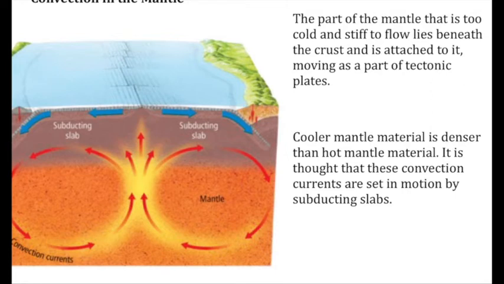It cools, and as it cools, it's lighter than the rest of the material. So on the ocean floor, the lighter material rises up, so this ridge rises up, and then the denser material sinks, so the edges of the ocean floor sink. As it sinks, it actually subducts underneath the continental crust.